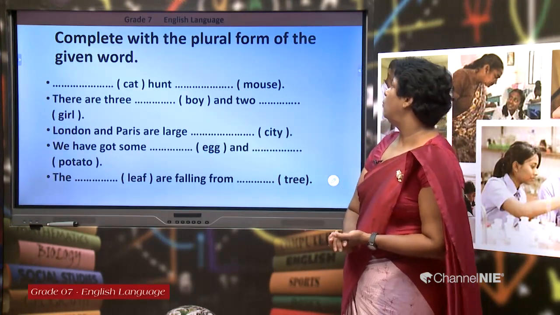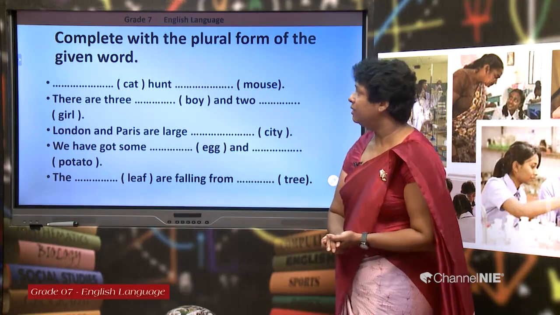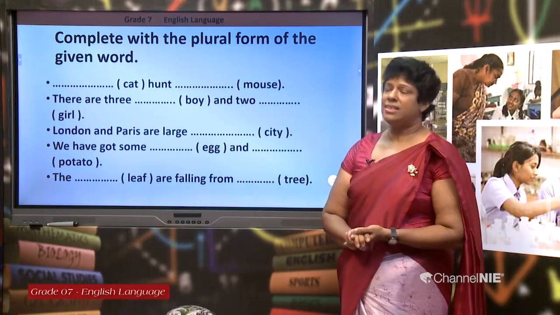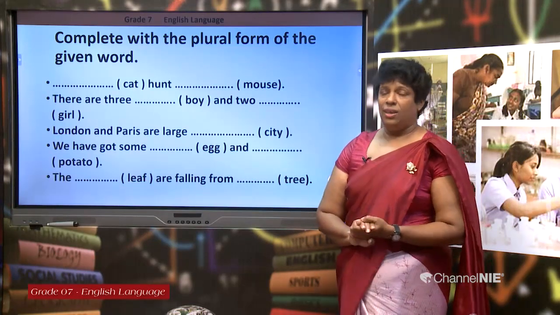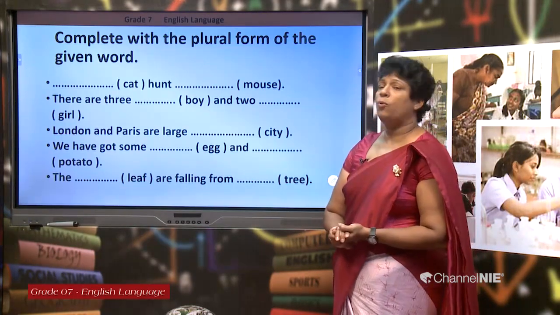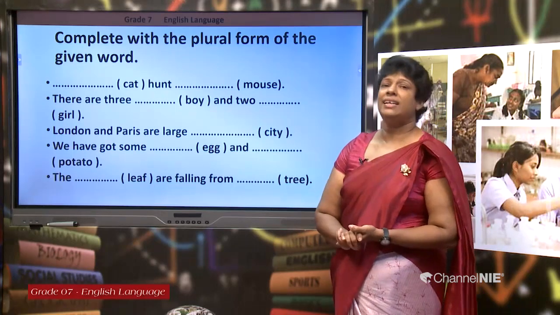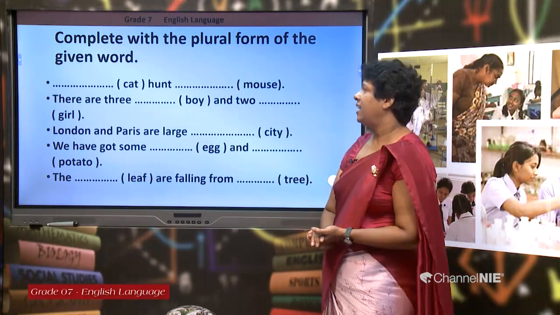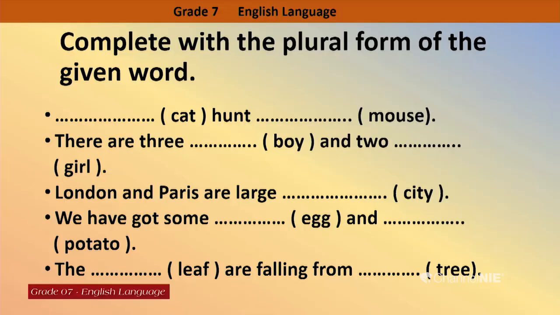Complete with the plural form of the word given. I have given you a few sentences with some words. You have to put the plural form of it to make the correct sentence. Look at the sentences. Cat, hunt, mouse. There are 3 boy and 2 girl.